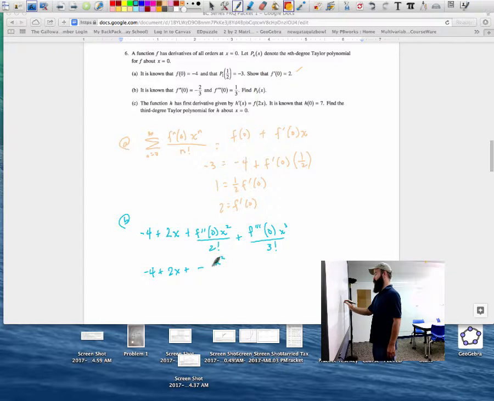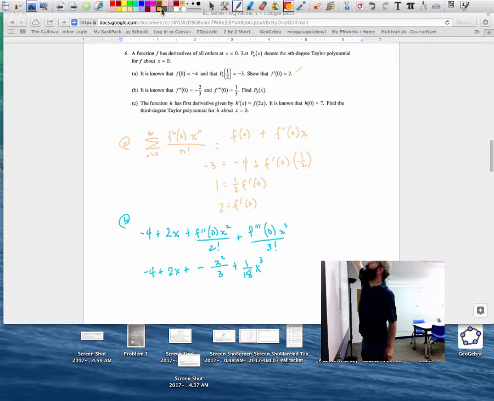So we've got x squared over 3. And then f triple prime was 1/3. 3 factorial is 6, so it's going to make this thing 1/18 x cubed. And that's an 18, not an 8. All right. So there's P3.